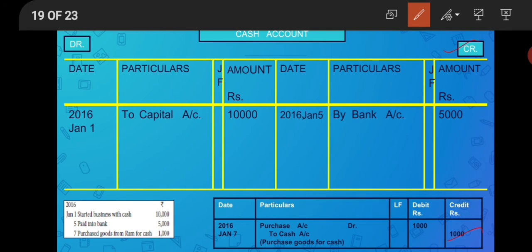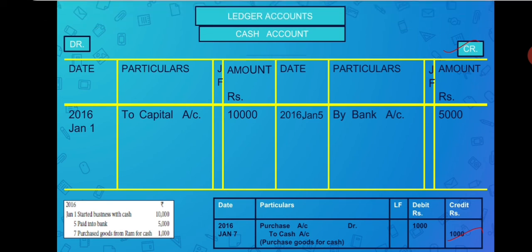So keep the hand in the credit side and then you want to do the posting, that is you want to write purchase account ன்னு எழுதணும். அப்போ ஒரு month and date போட்டுக்கோங்க. By purchase account, write the amount. Okay. So now you should make yourself clear that all the 3 transactions, 2 accounts are posted.